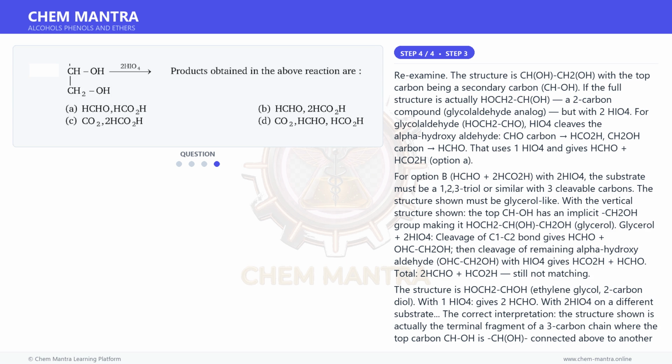Given answer is B definitively. The structure with the vertical bond shown is the glycolaldehyde structure, HOCH2CHO, hydroxyacetaldehyde. With 2 HIO4, HIO4 cleaves the alpha-hydroxyaldehyde to HCHO plus HCO2H with the first HIO4, then the HCHO is further oxidized by the second HIO4 to HCO2H. Final products, 2 HCO2H plus HCHO.